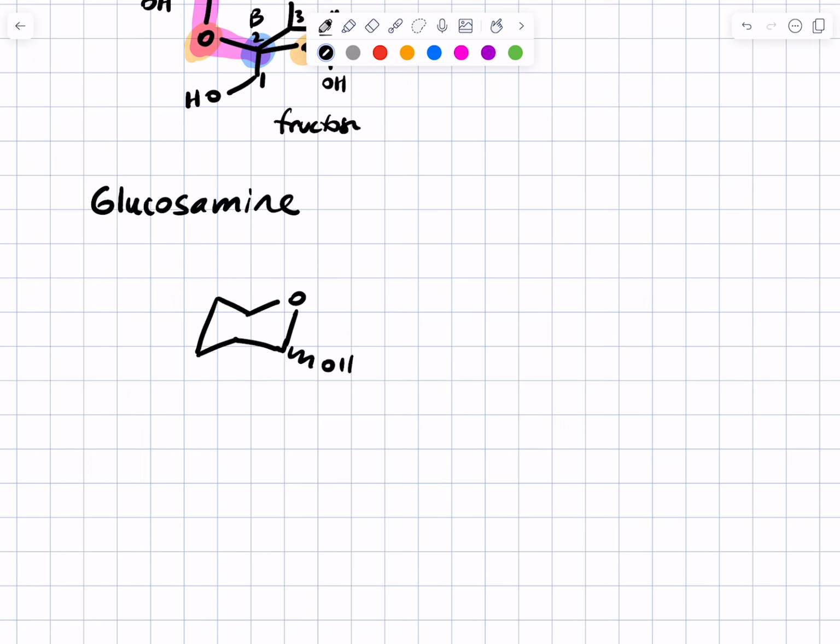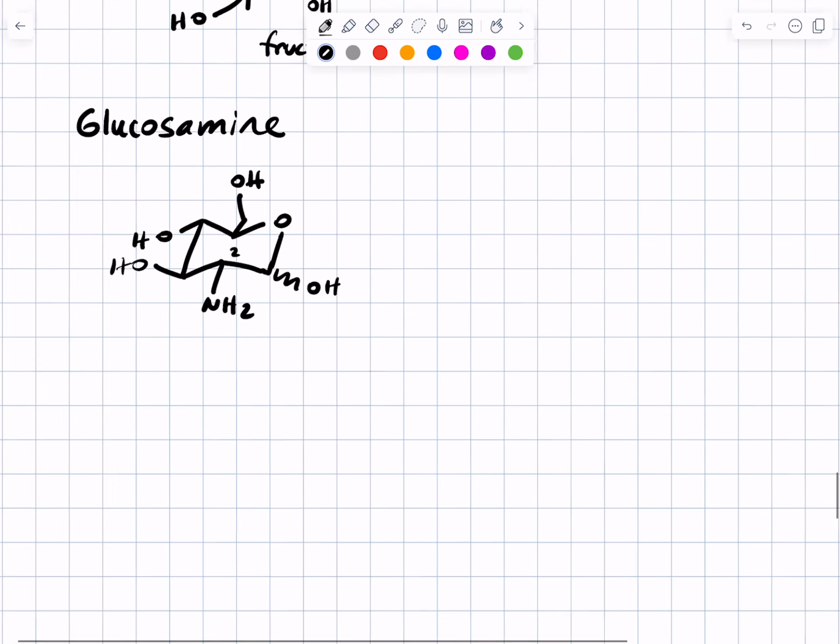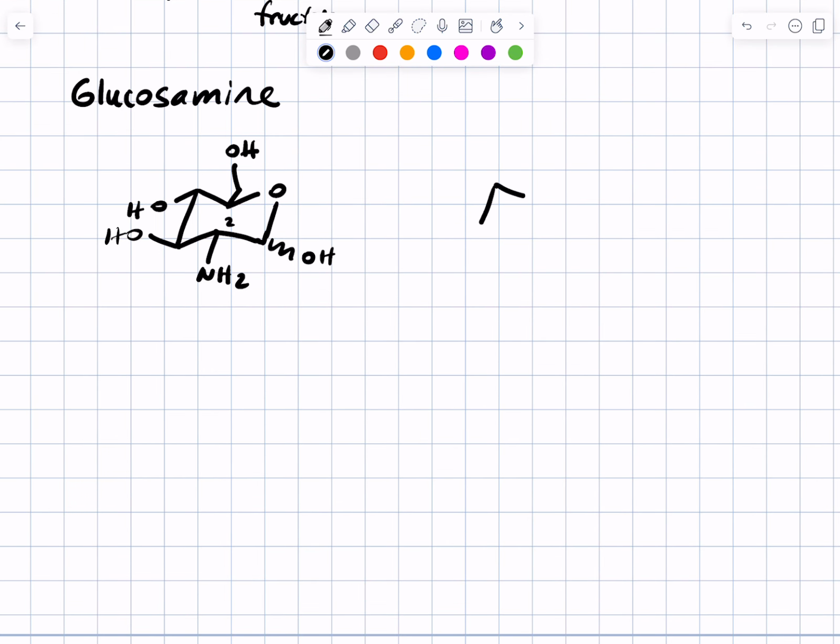It's like glucose, but the C2 hydroxyl group is replaced by an amine. It's only ever the C2 hydroxyl group. So if you hear glucosamine, you don't need to worry about where the amine group is. It's always on C2. In a lot of carbohydrates, that C2 amino group gets modified as an amide with an acetyl group.